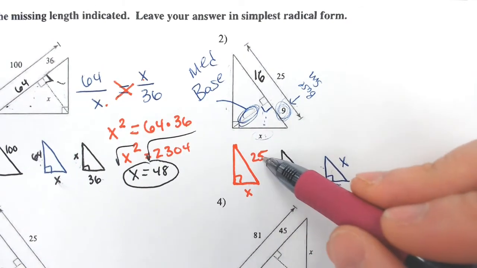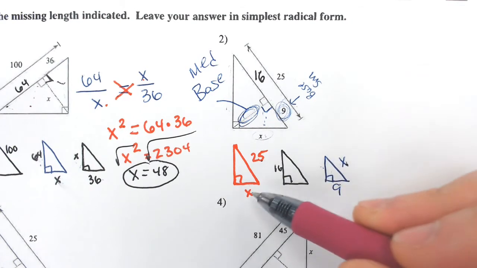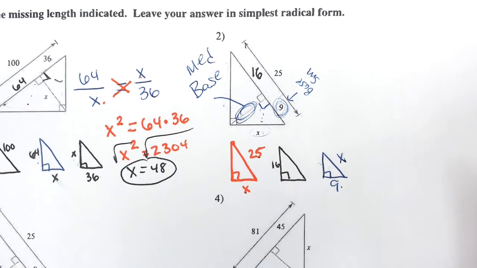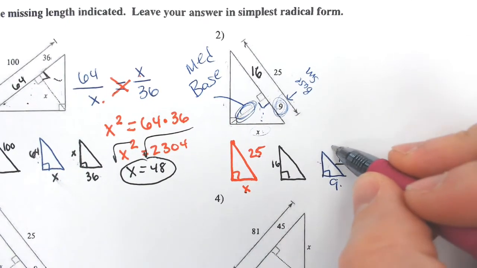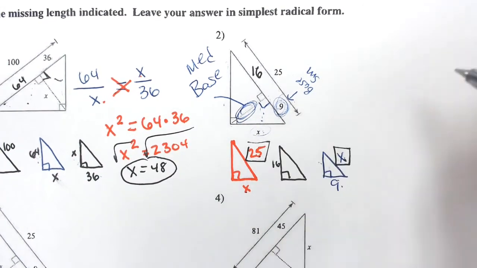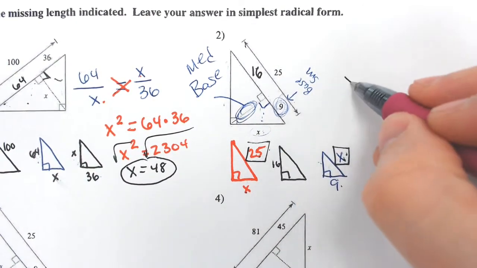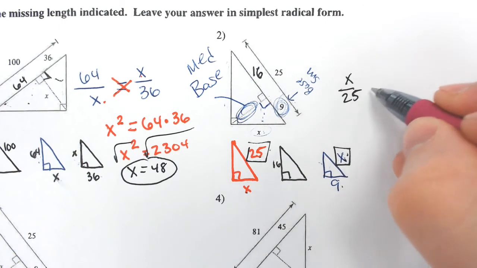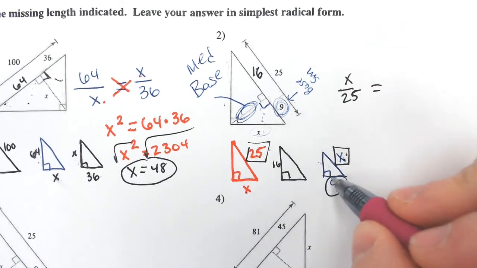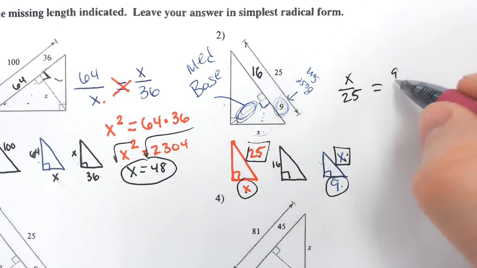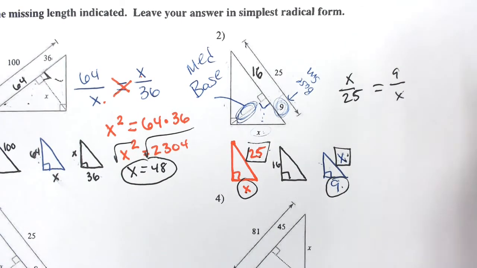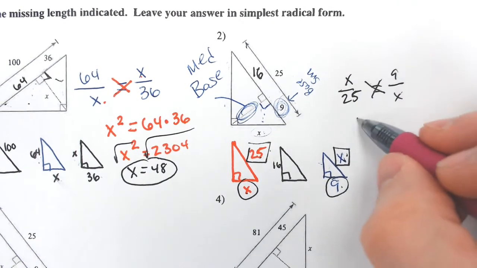So I'm going to have 25 in relationship to x and x in relationship to 9. I'm going to do small triangle over big triangle this time. So x over 25 will equal small triangle 9 over bigger triangle x. Cross multiply. Again, we get an x squared.